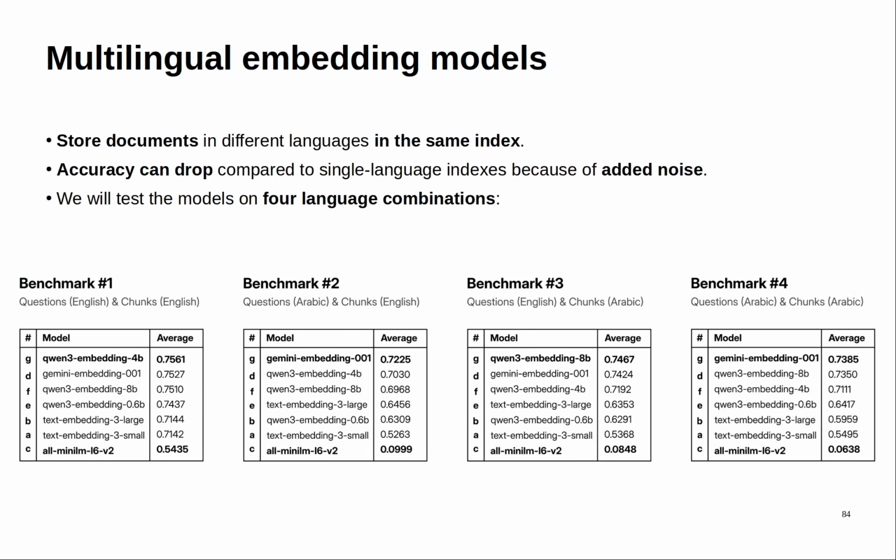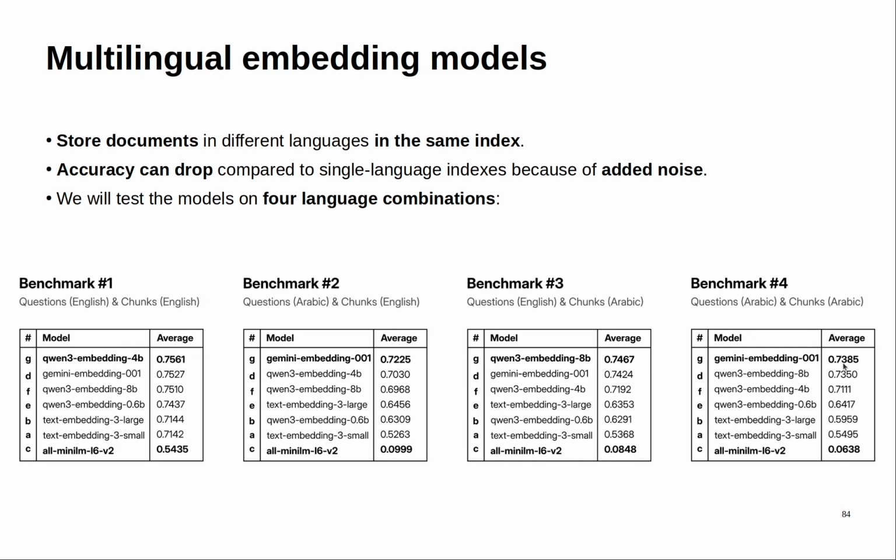Here are the results of those 4 tests. The results are really cool. At first glance, we see that the average score did not drop below 70%. Let's look at the top model in each benchmark. We see that here we have 75%, 72%, 74%, and 73%.